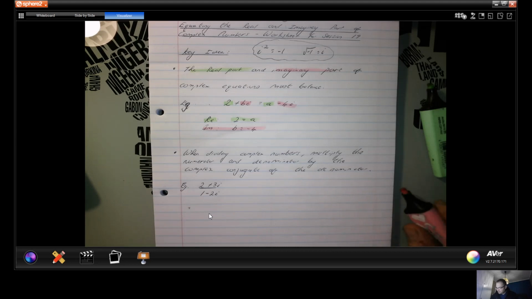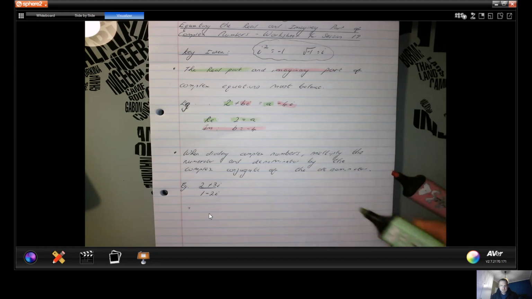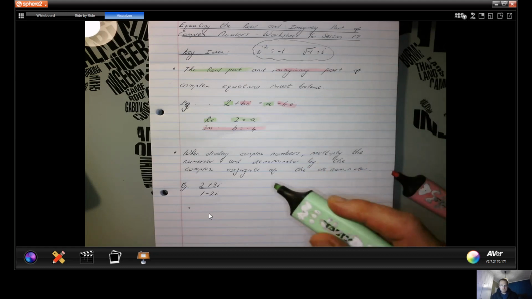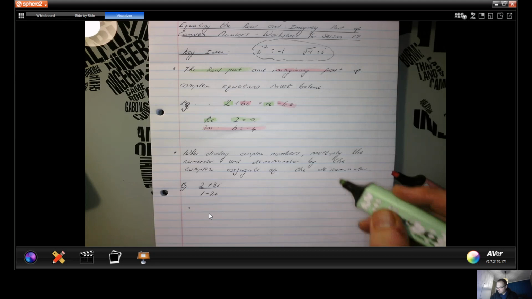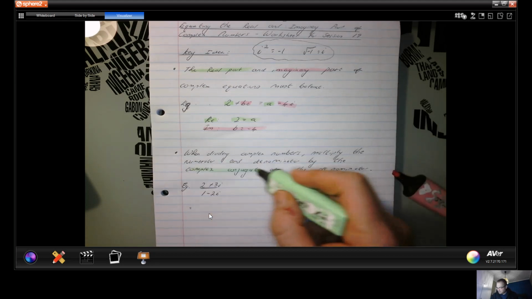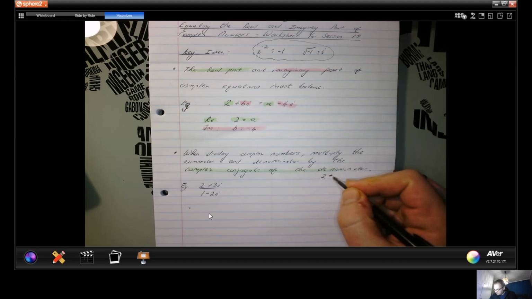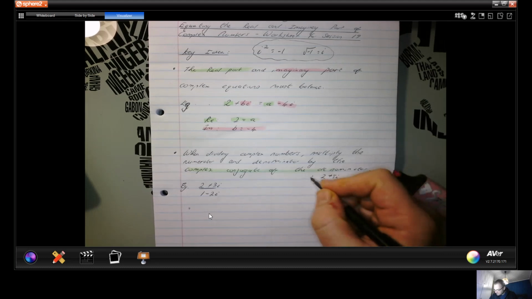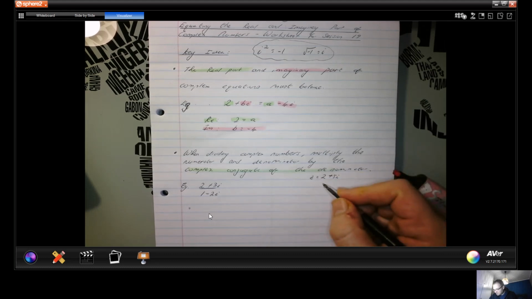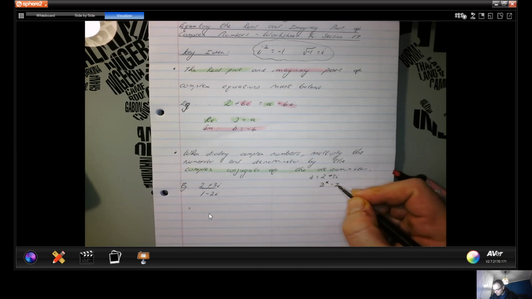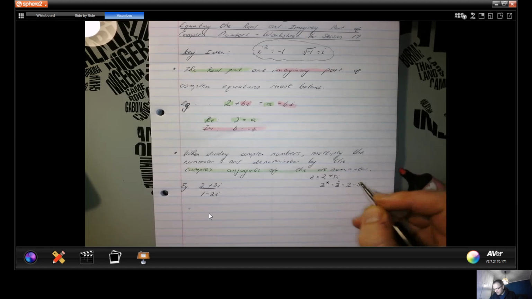The other key idea is when you're dividing complex numbers, multiply the top and the bottom, the numerator and the denominator, by the complex conjugate of the denominator. What is that? A complex conjugate. Well, if you had 2 plus 5i, that was z, then the complex conjugate, which we would call z star, sometimes z bar, same thing, would be 2 minus 5i.